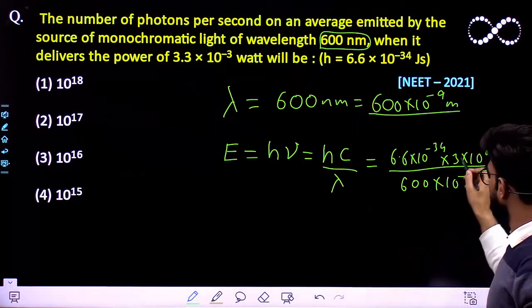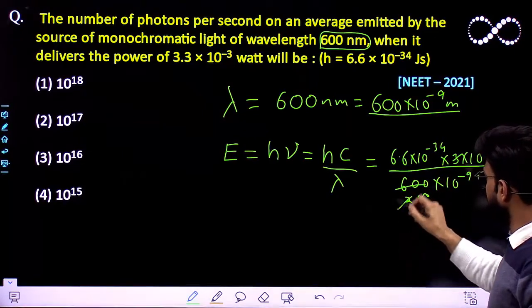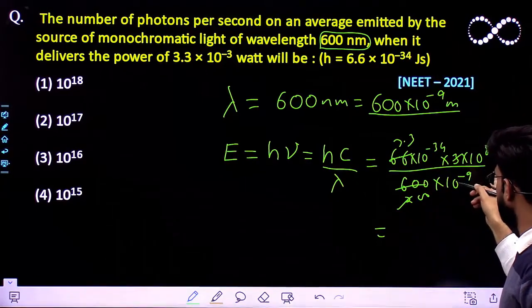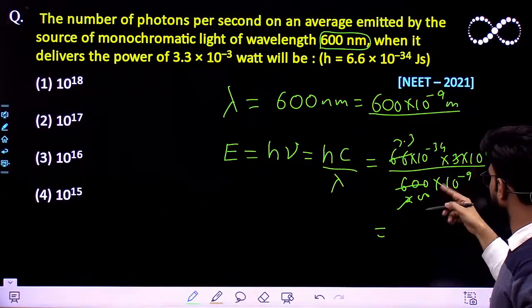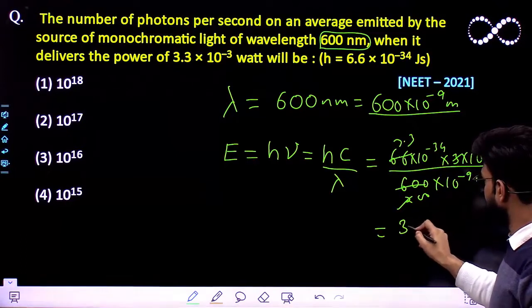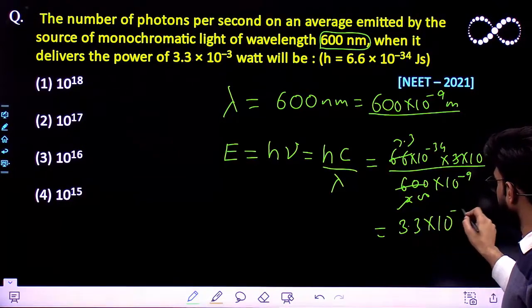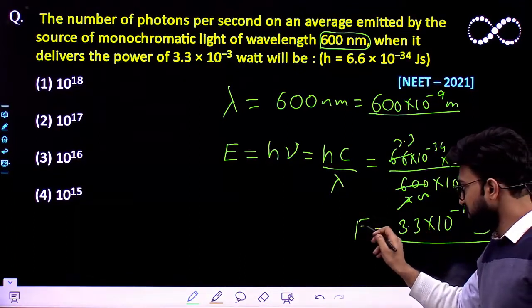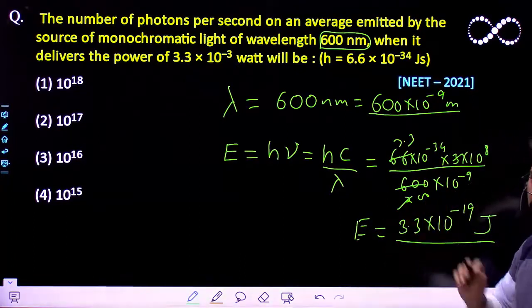So it would be 3.3 into 10 to the power minus 19 joule. This much energy is possessed by each photon.